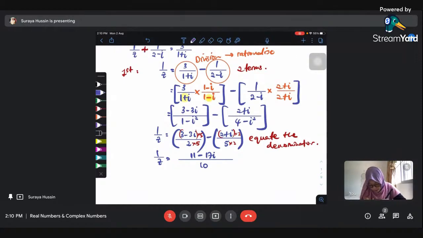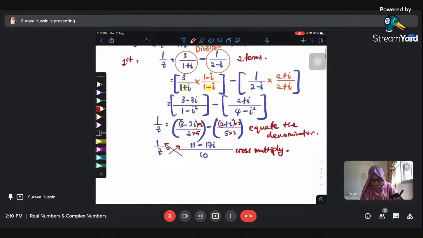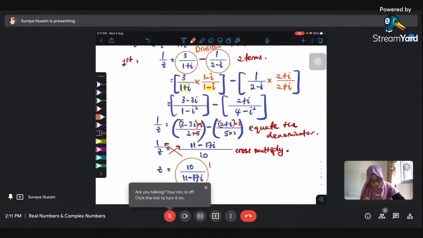So now, this is where you cross multiply. You cross multiply and then you will get z bersamaan dengan 10 over 11 minus 17i. Tapi, again, this thing is a division complex number.